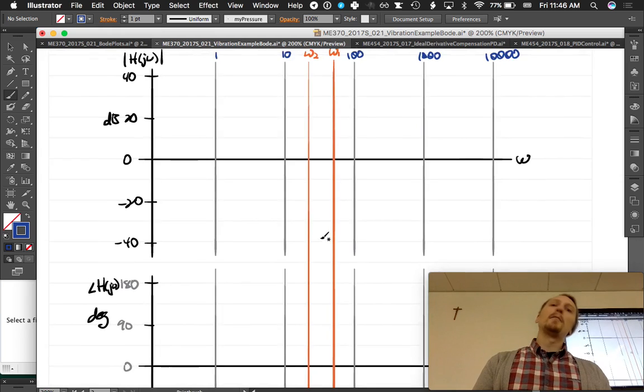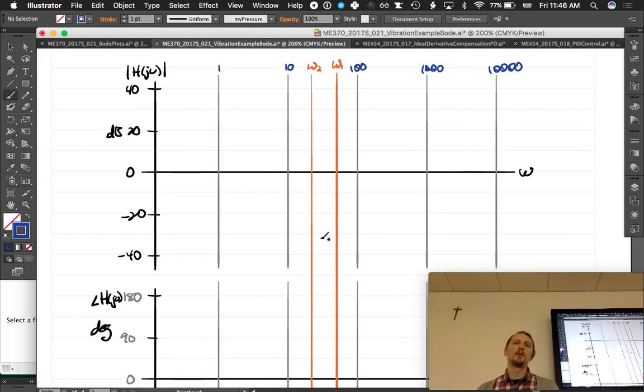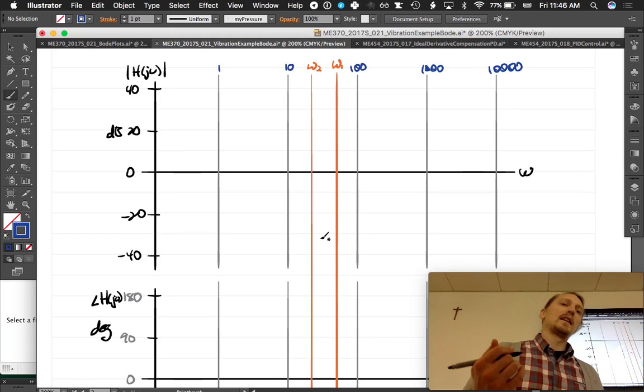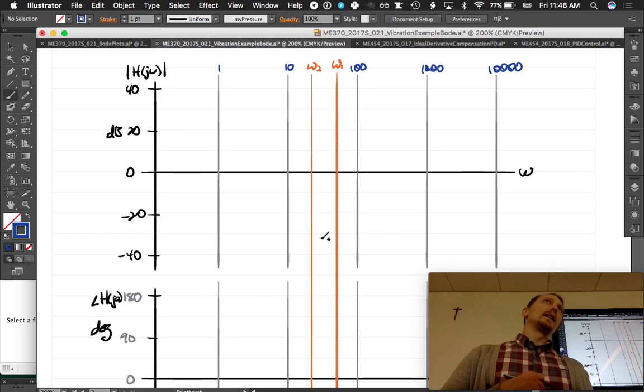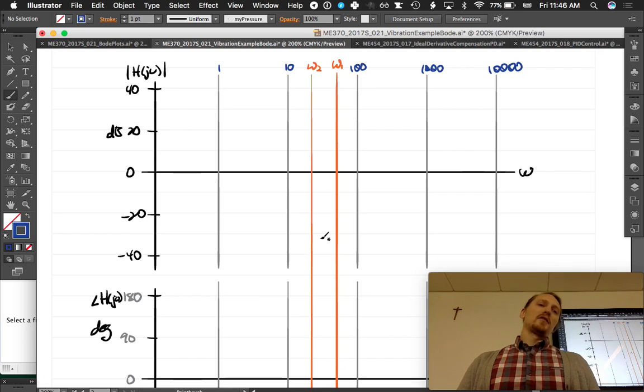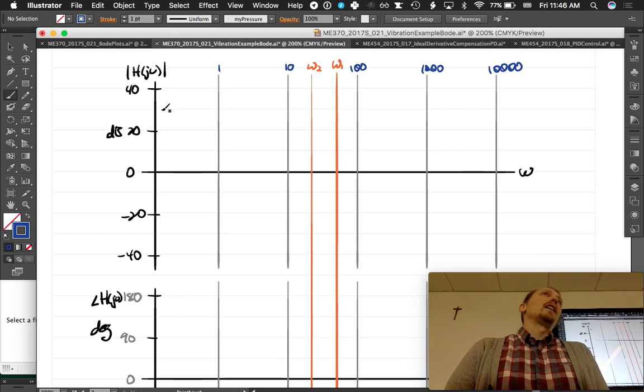I'm not going to be too worried if you aren't super comfortable sketching these things, but you should be able to use graph paper to sketch them at least. On an exam, I will likely give you axes so that you can just draw on them. This is how you would sketch them. So you would do 0 dB to plus 40 dB. We don't really know where it's going to be yet.